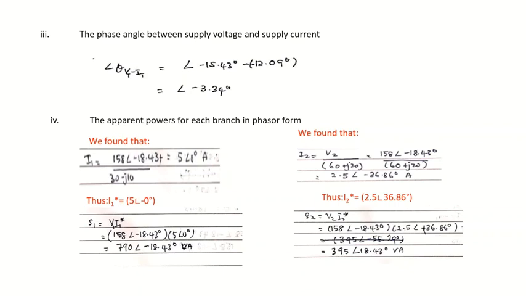So minus your I total angle, which is minus 12.09 degree. So the difference between the voltage and the supply current is minus 3.34 degree.